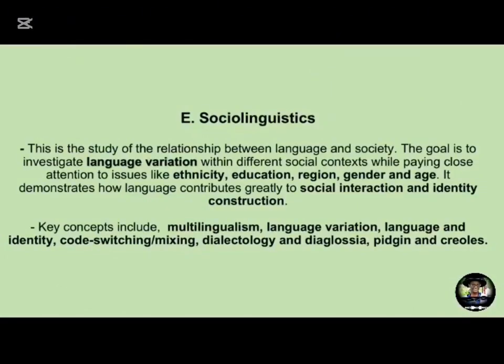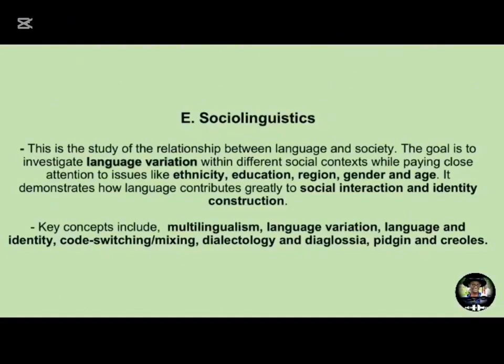Now, sociolinguistics demonstrates how language contributes greatly to social interaction and identity construction. Key concepts will be our focus here, and such concepts will include multilingualism, language variation, language and identity, code switching, code mixing, dialectology, diglossia, pidgin, and creoles.